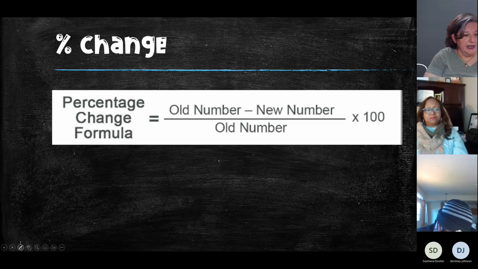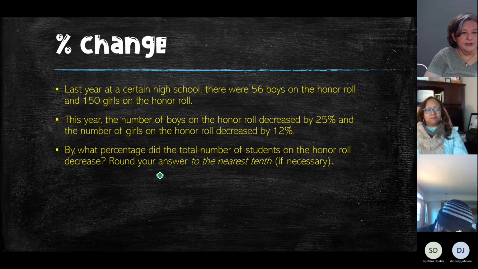So let's take a look at last year at a certain high school. There were 56 boys on the honor roll and 150 girls on the honor roll. This year, the number of boys on the honor roll decreased by 25%, and the number of girls on the honor roll decreased by 12%.